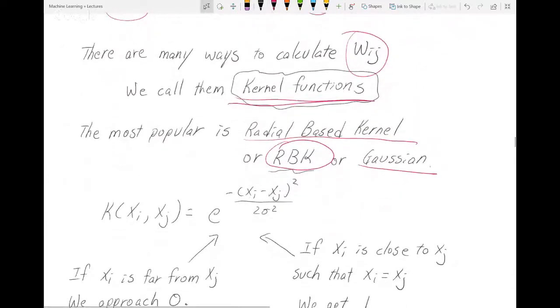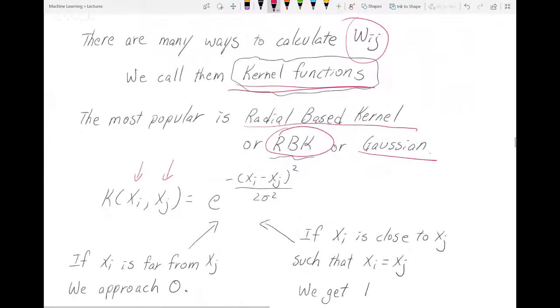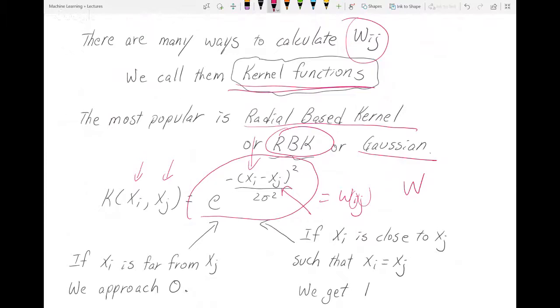Now, when we have two samples, xi and xj, the function looks like this. We put xi and xj in here, and we just have to do that with every single combination of ij, and that gives us the W matrix.